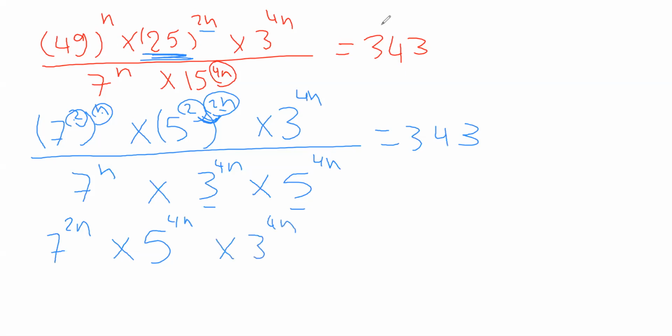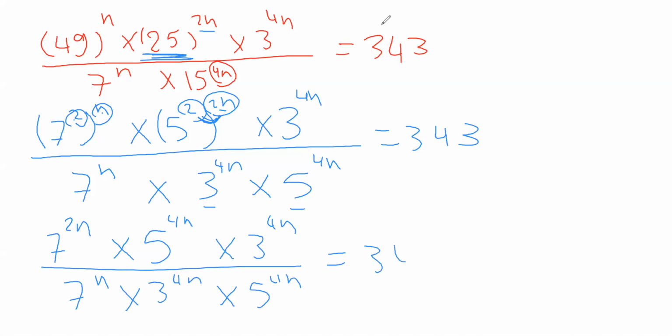So 3 power 4n as it is, and here 7 power n as it is, 3 power 4n and 5 power 4n equals 343. If there is something up similar to something down, you can cancel them because it will equal 1. A number divided by the same number equals 1. I have 5 power 4n goes with 5 power 4n.